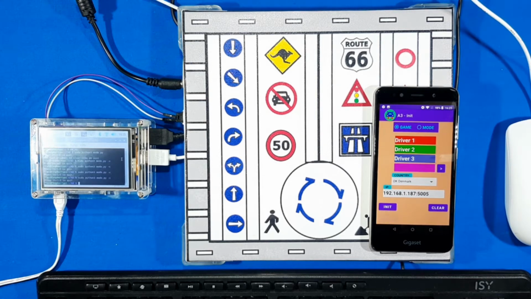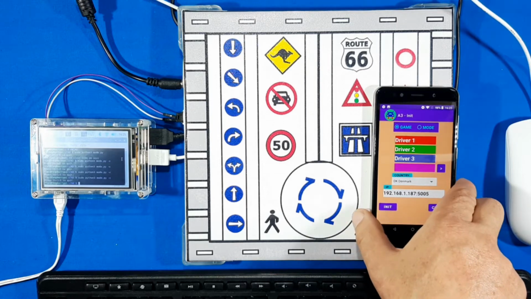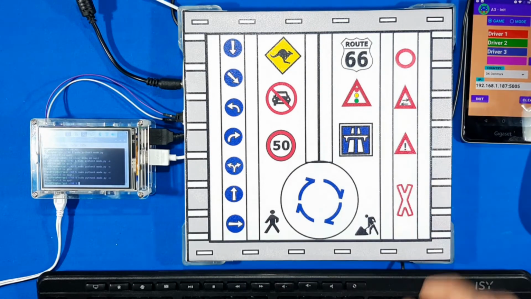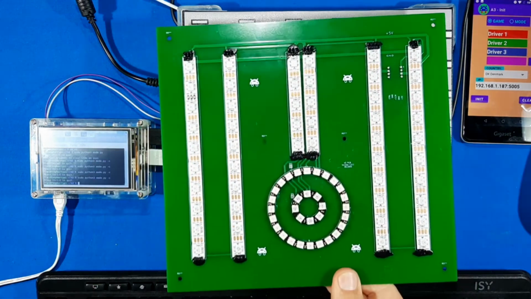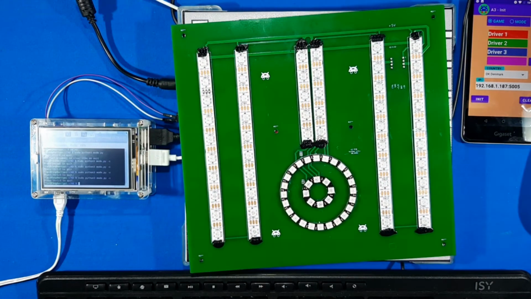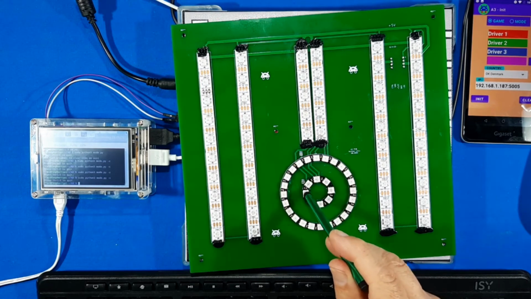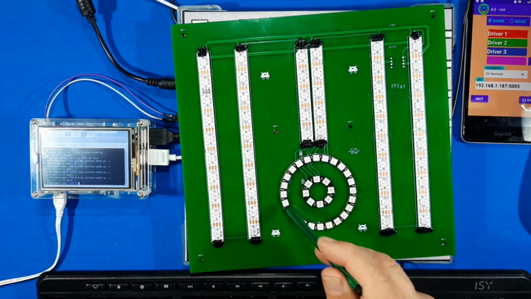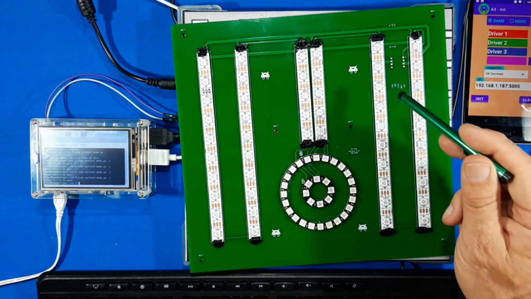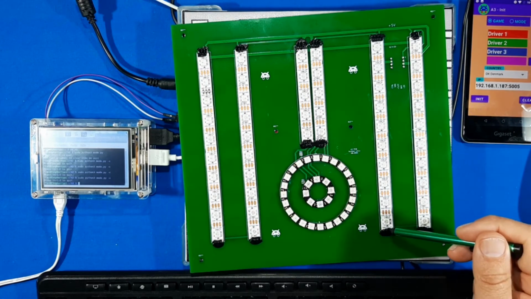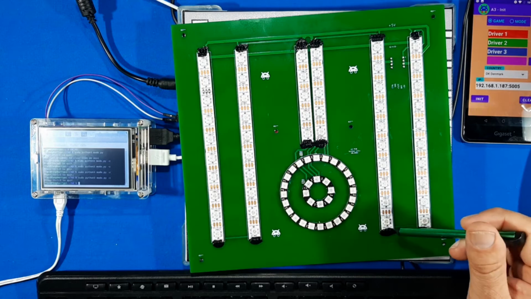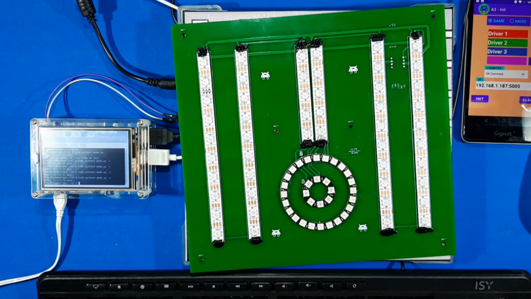The Neopixel GameBoard consists of a PCB on which there are an 8 Neopixel ring, a 24 Neopixel ring, 4 rows of 10 Neopixels and 2 rows of 5 Neopixels.